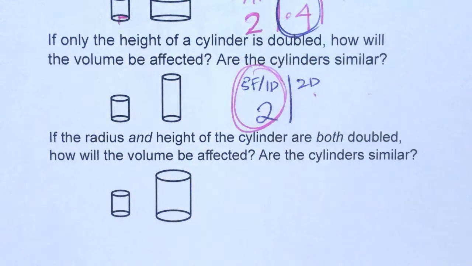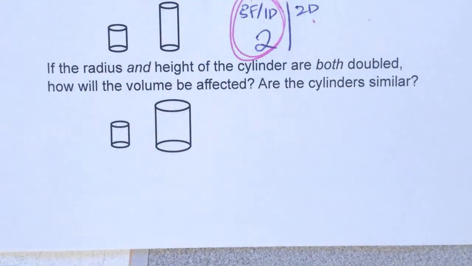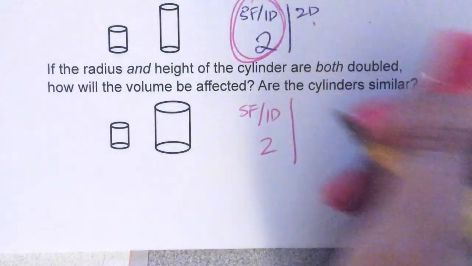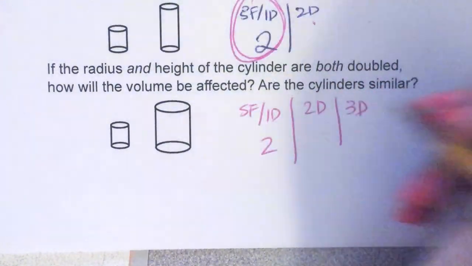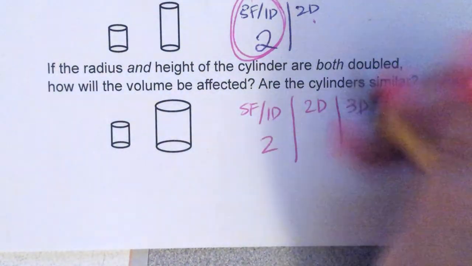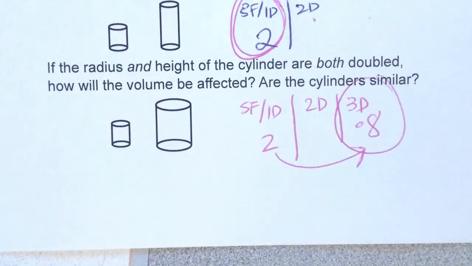The height is only 1 dimension. Does that make sense? What if I double both my radius and my height? What's my scale factor? It would be 3D, because radius is how many? Height is how many? So total that would be 3D, which would be doing what? Times 8. Does that make sense?